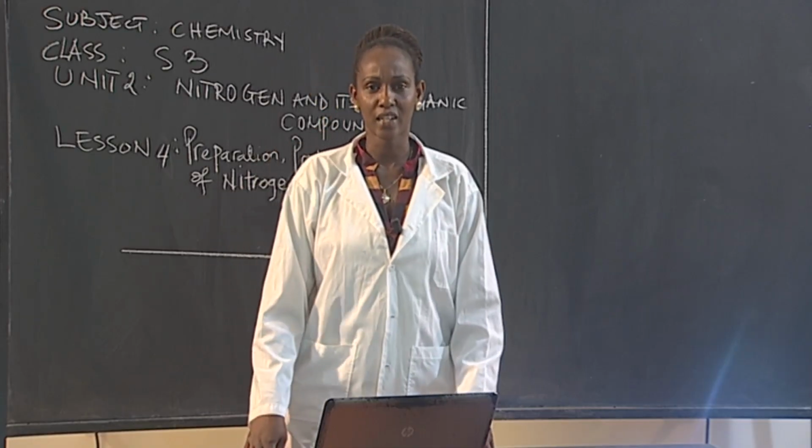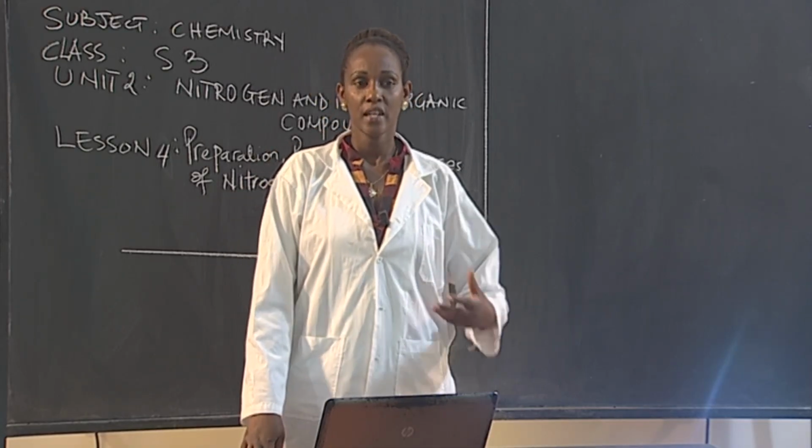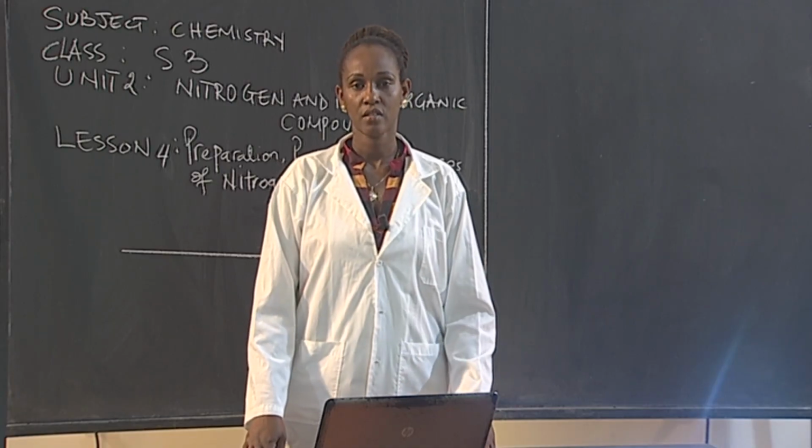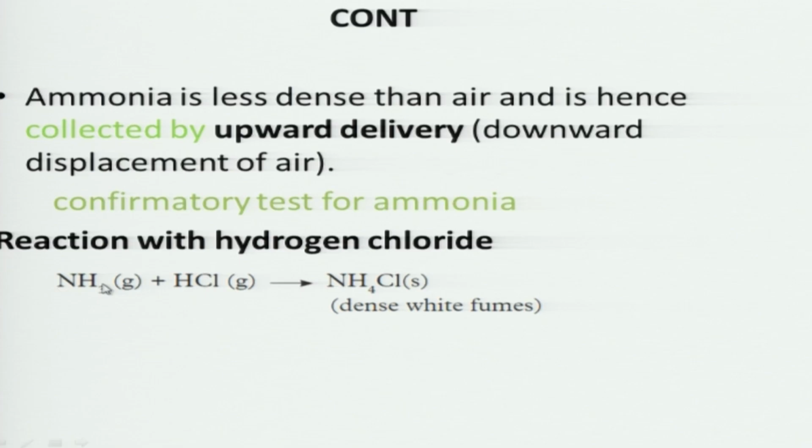How will you tell that the gas that I've prepared is ammonia gas? Confirmatory test. So when ammonia reacts, you introduce hydrogen chloride gas. When a dense white film is formed, you get to know that it is ammonia gas.